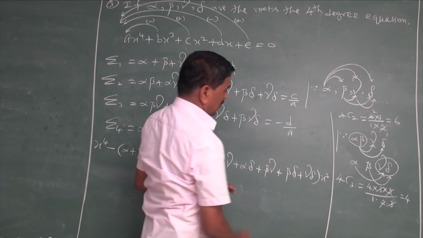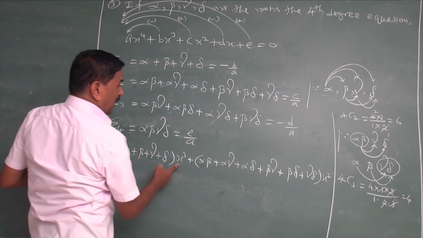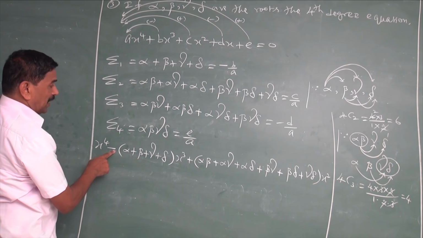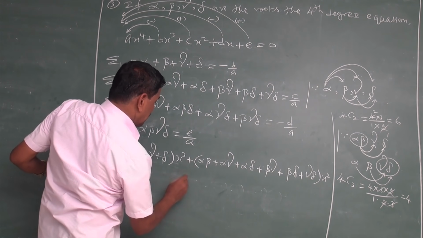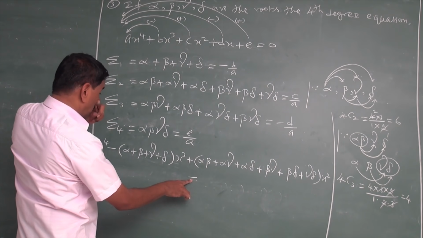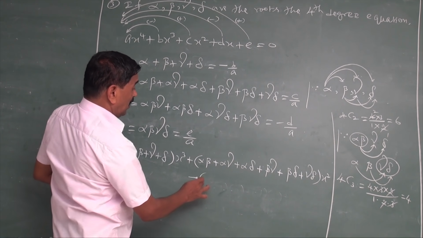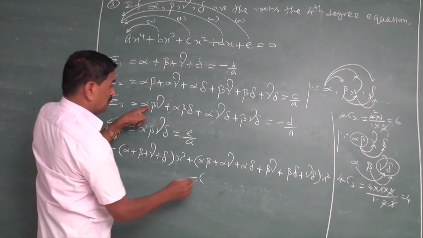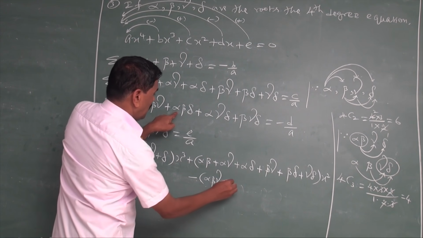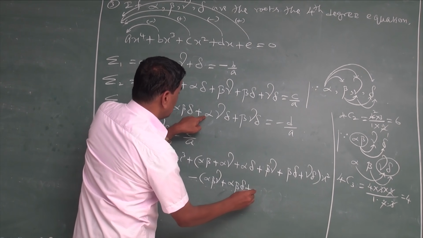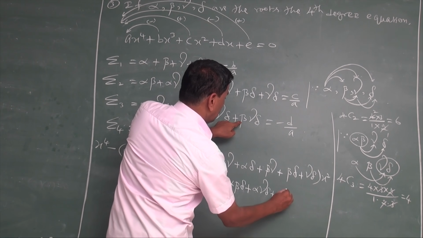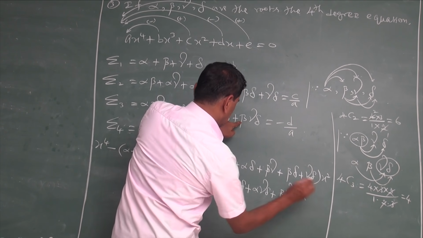Next we need the x term, and the sign here is minus, so minus the sum of the product of the roots taken 3 at a time, which means (alpha beta gamma plus alpha beta delta plus alpha gamma delta plus beta gamma delta) into x.